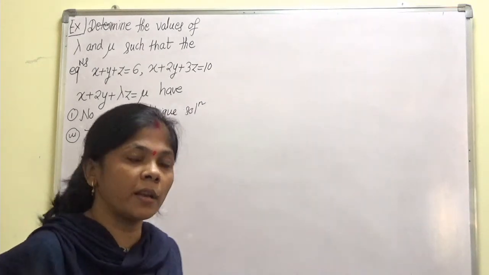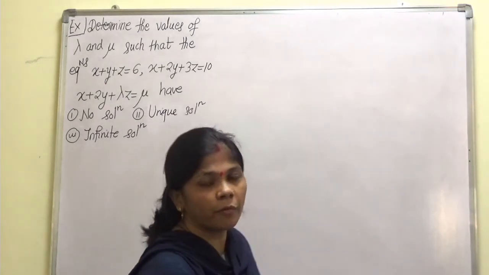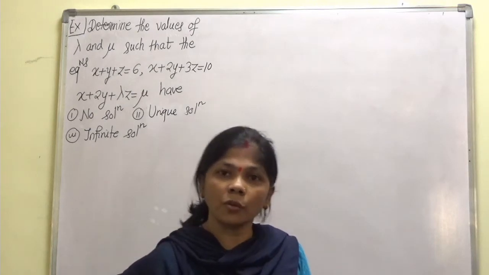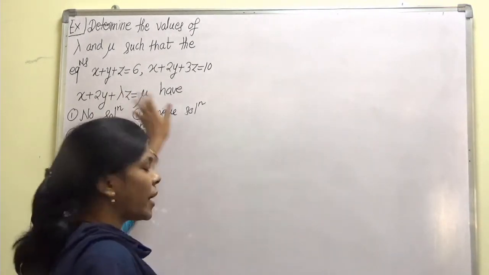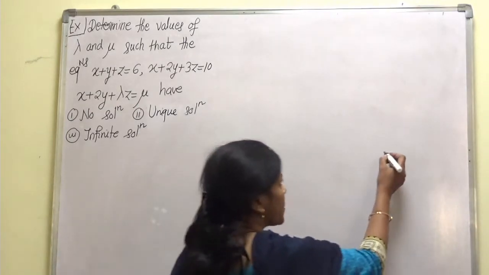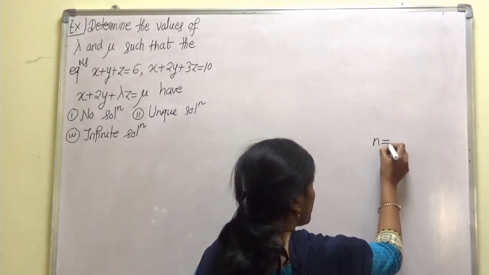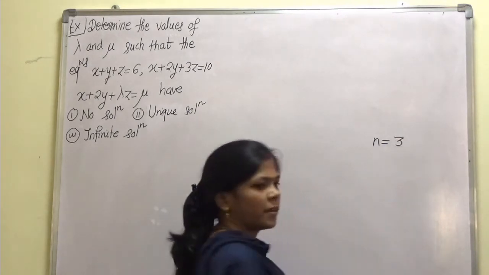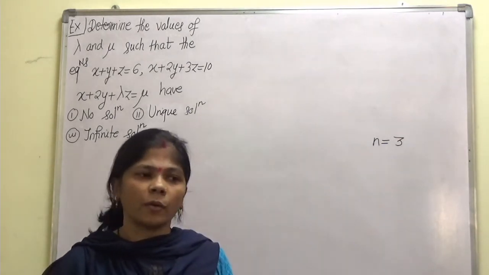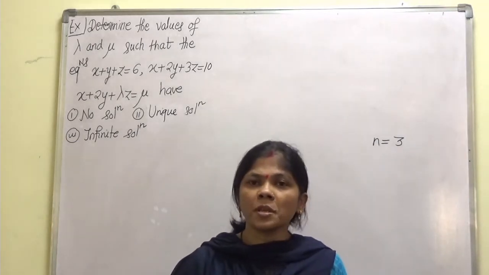So let us quickly see what is the condition required for no solution, unique solution and infinite solution. First of all, identify the number of variables in this particular problem. What is the number of variables? Number of variables is 3, so n is 3. Now, no solution means what?